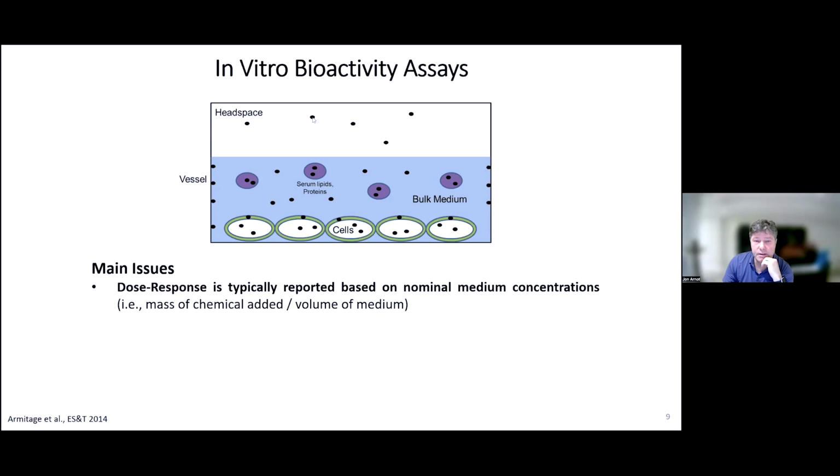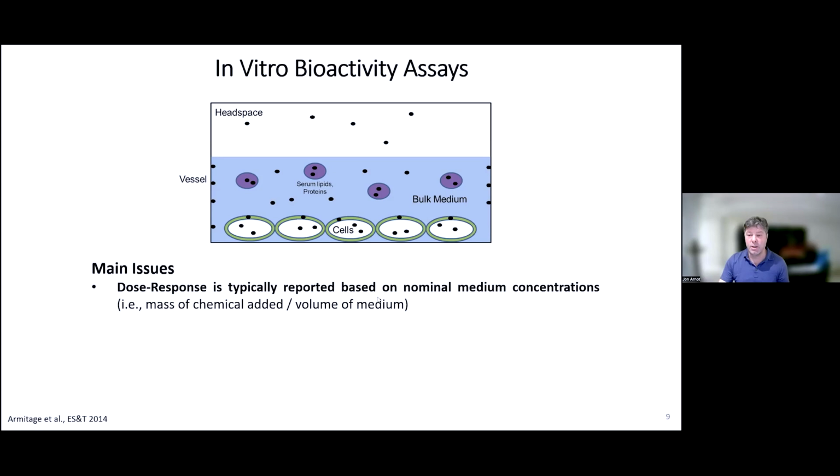during the tests. And these little dots represent chemicals, and the chemicals distribute through this system as a function of the parameters of the bioassay and the parameters of the chemicals. There can also, in some cases, be sorption or partitioning to the plastic or the sides of the test vessel itself. But what's typically going on is that there's just some system with a volume of liquid and then some mass of chemical added.